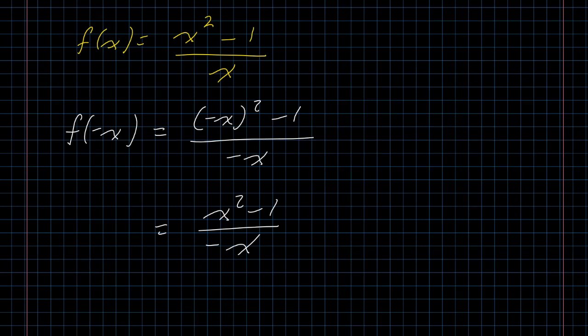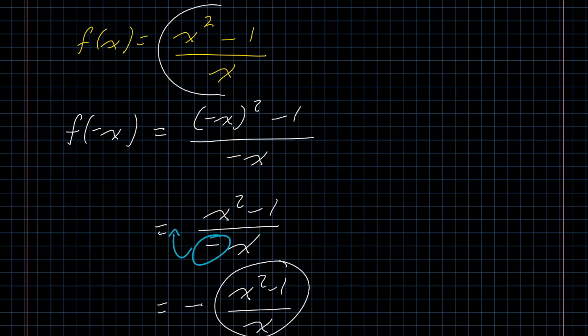In the denominator, I just have the opposite of x, which means I have this extra opposite hanging around. I can bring that in front of the function. The opposite of x squared minus 1 over x. And now that I've taken that opposite out, I have exactly the thing I started with. This is the opposite of f of x, which means that this is a function that has odd symmetry.